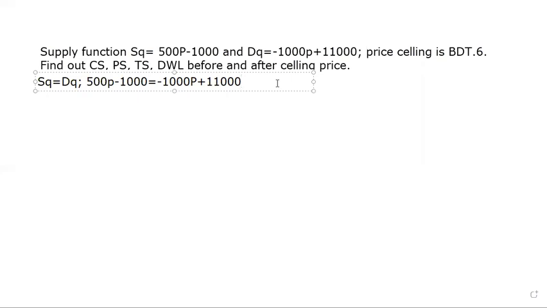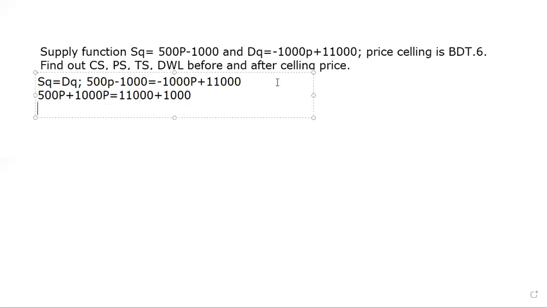Right now we have to move terms: 500P plus 1000P equals 11,000 plus 1000.